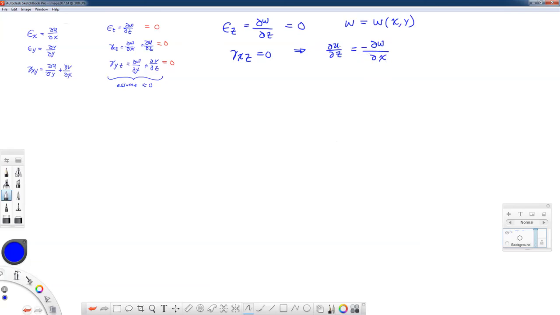Now, since w is not a function of z, what this implies then is that u is equal to minus z partial derivative of w with respect to x, and potentially an arbitrary function, call it u naught of x and y.